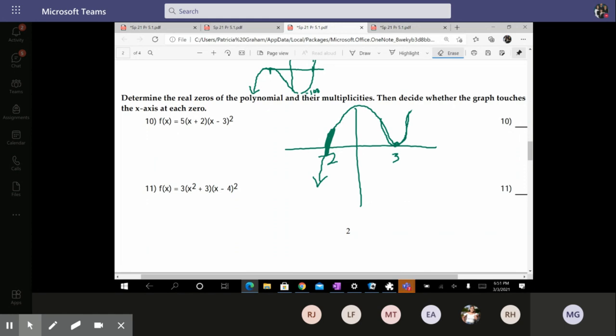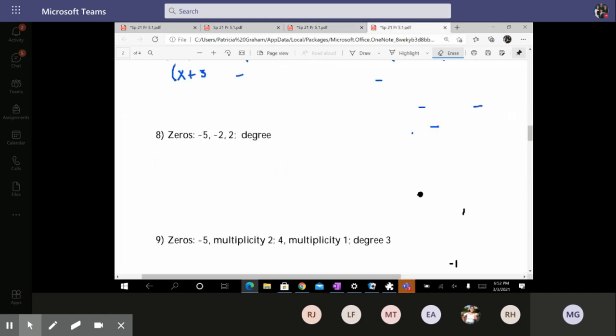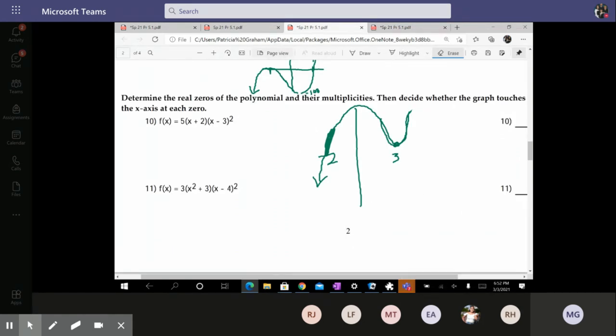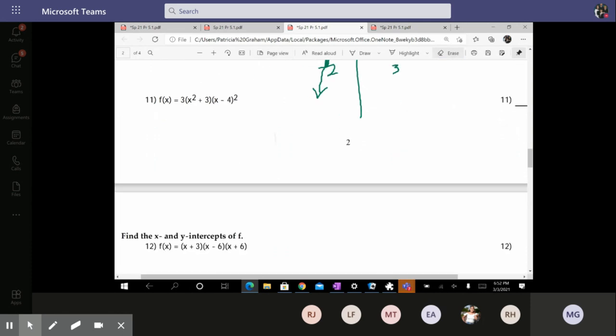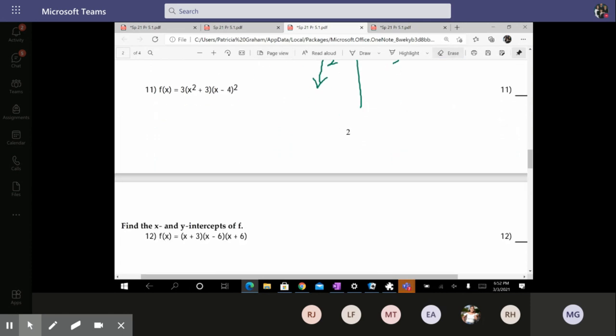Yes. But now 11's got kind of a tricky business going on. Could I set x squared plus 3 equal to 0 and get a solution? No. That might have a multiplicity of 1 right there. But what happens when I say x squared plus 3 equals 0?